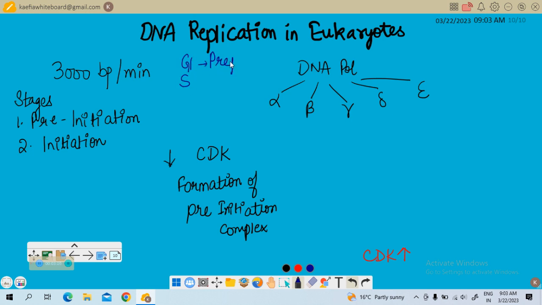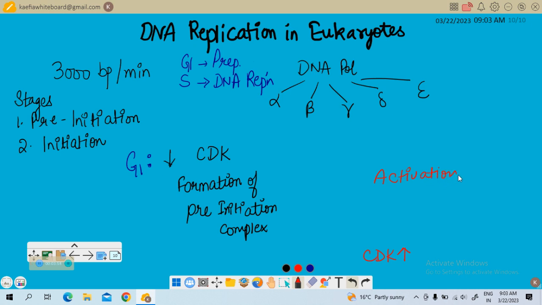G1 is the preparatory phase, and S phase is where the DNA replication occurs. So when CDK concentration is low, this is occurring in G1 phase. So in G1 the pre-initiation complex is formed.